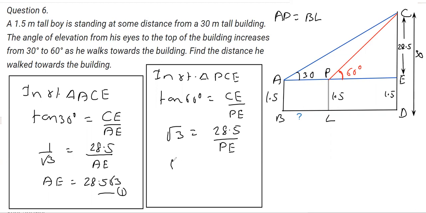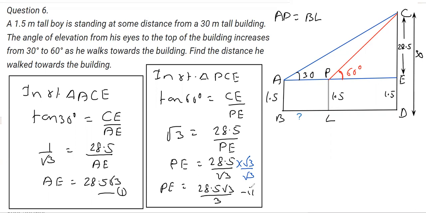Here too we'll do cross multiplication, and we'll get PE as 28.5 over root 3. Now let's rationalize the denominator by multiplying and dividing by root 3. So PE is equal to 28.5 root 3 upon 3. Let's mark this as equation 2.